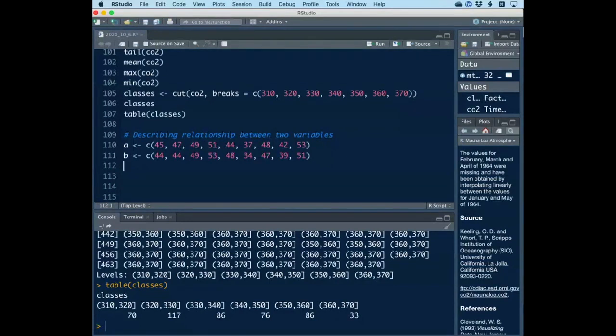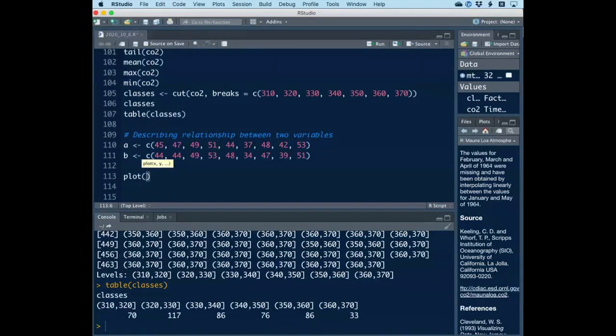So this is important. Now, we might wonder, is there any relationship between A and B? I mean, do I get the same results by using the two methods, or do I get different results? Okay, so when we have quantitative variables, we could simply plot them. For example, here I use the function plot.